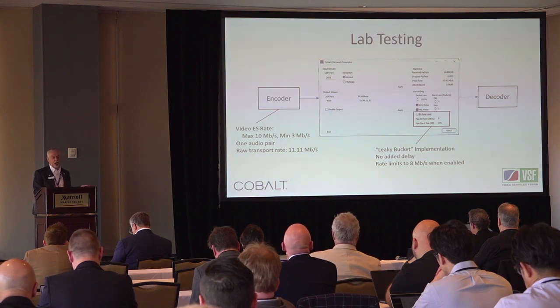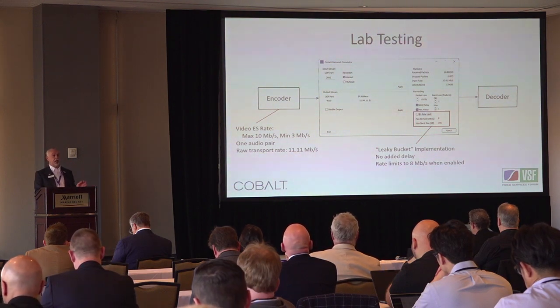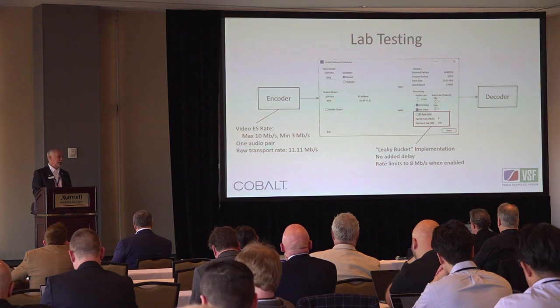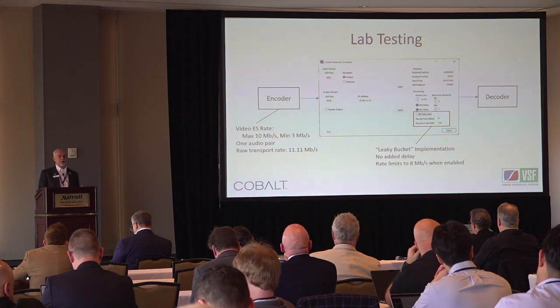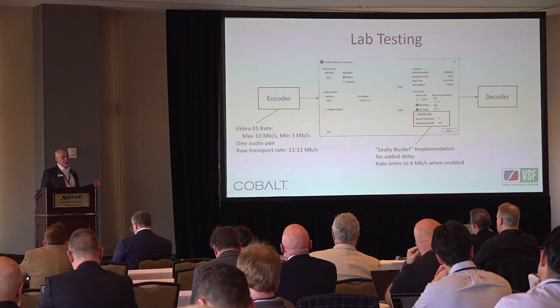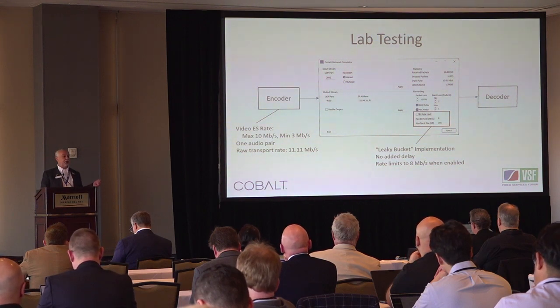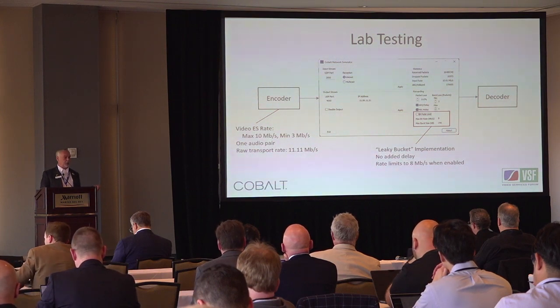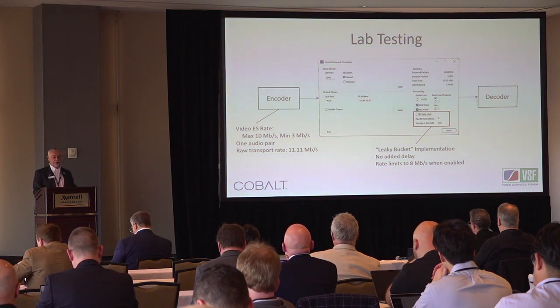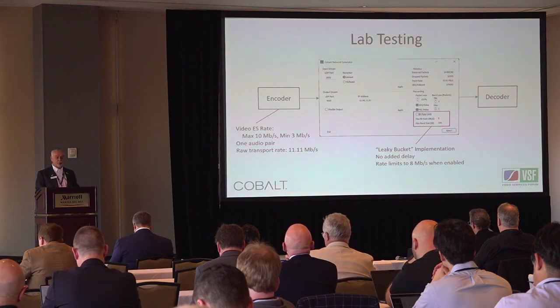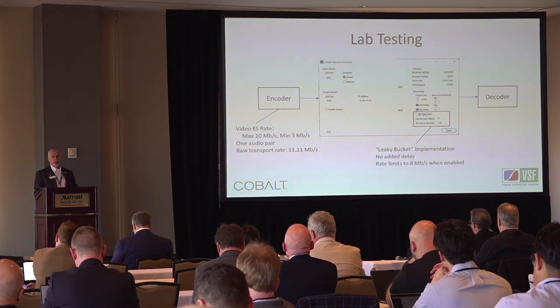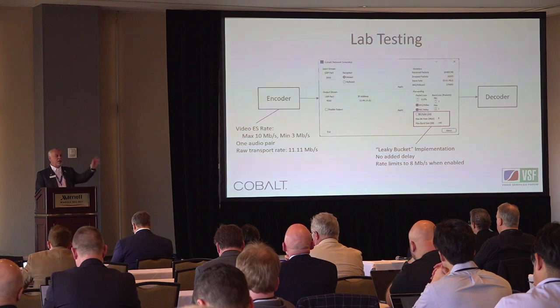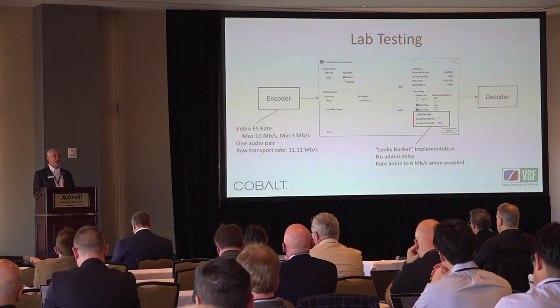When I check that box, it goes down to 8 megabits per second immediately. That Windows program is available for the asking. If you want to play with it, just find me after this, and I'll give you a copy. We just give it away for free, as is. But it's Windows only. And yeah, you can say you can do that with TC in Linux. Yes, you can, but this is nicer for demos.